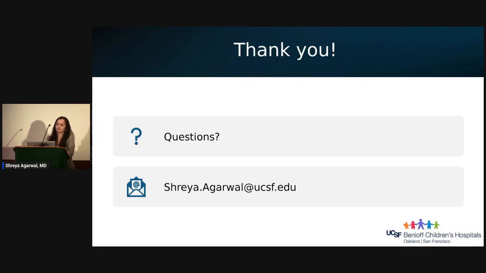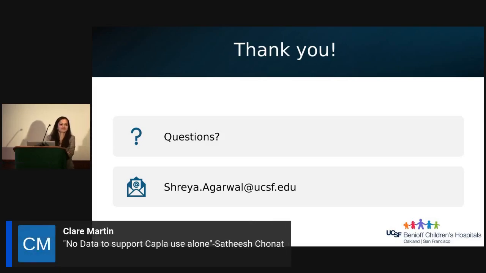Since we don't have any great data to support it yet, hopefully in the next few years, once we have the Bonari and other studies helping us understand the utility of caplacizumab alone, practice may change. But at this point, I would be in favor of using plasma exchange upfront with caplacizumab.